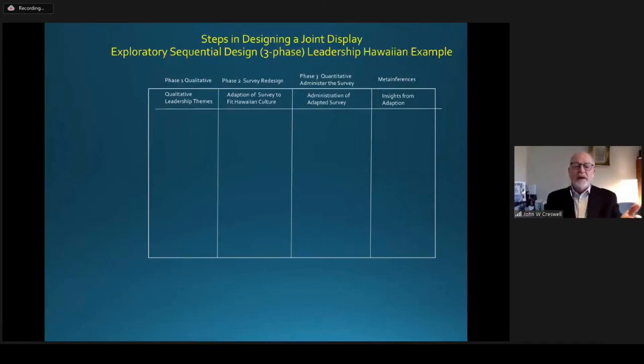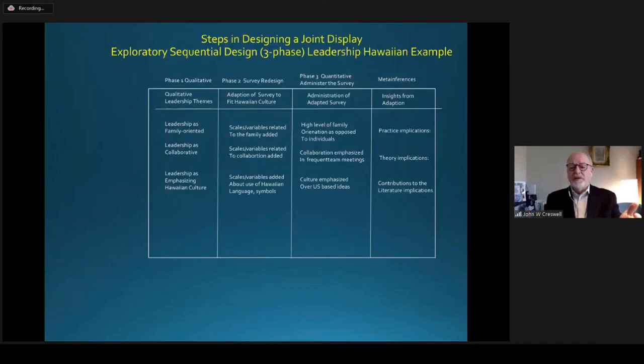And so I'm then going to put in some hypothetical sample data at each one of the columns. Here were the themes I came up with after I gathered my focus groups. Here were some of the quantitative results from a survey instrument that I administered. This is a modified instrument.